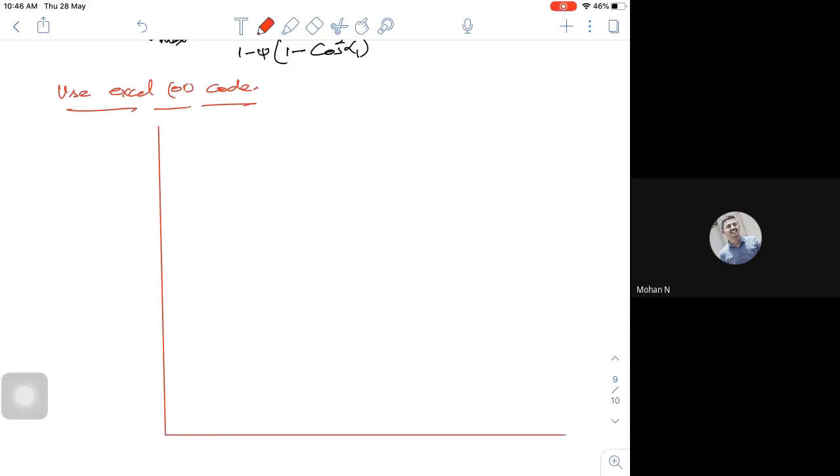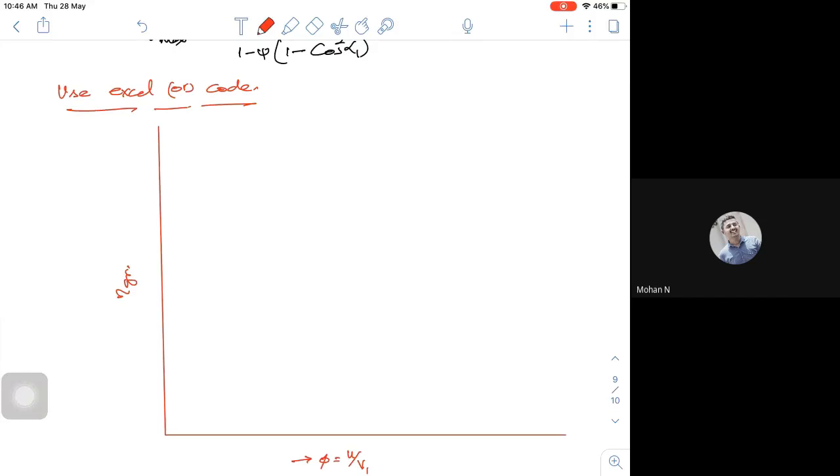On the x-axis, I can have phi, which is u by v1. On the y-axis, you take the gross stage efficiency equation. You can verify both expressions.